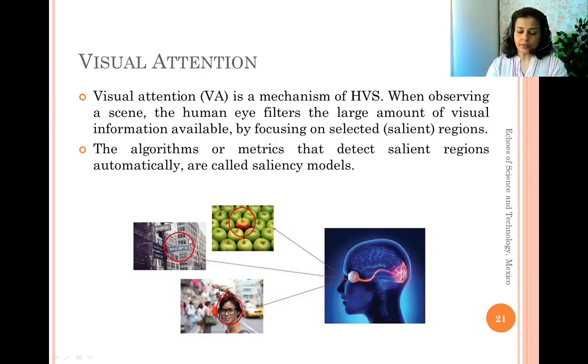So in visual quality assessment, we believe that the regions that attract the human visual system should be treated differently while assessing their quality. Therefore, to do that, we use saliency models to predict the salient regions and then pass this saliency information to visual quality assessment methods for better quality predictions.